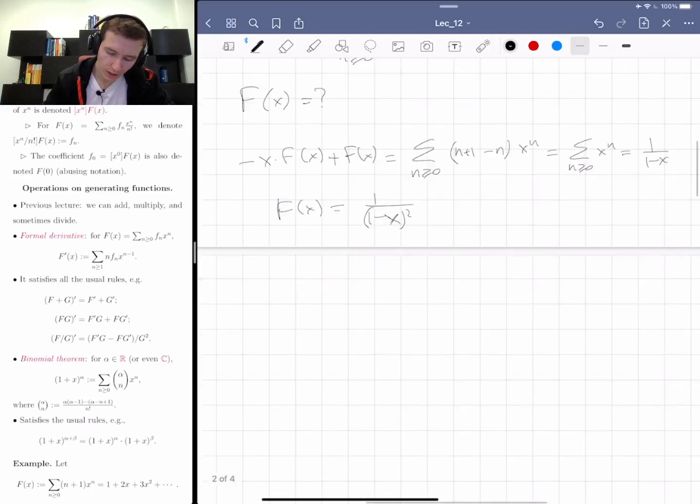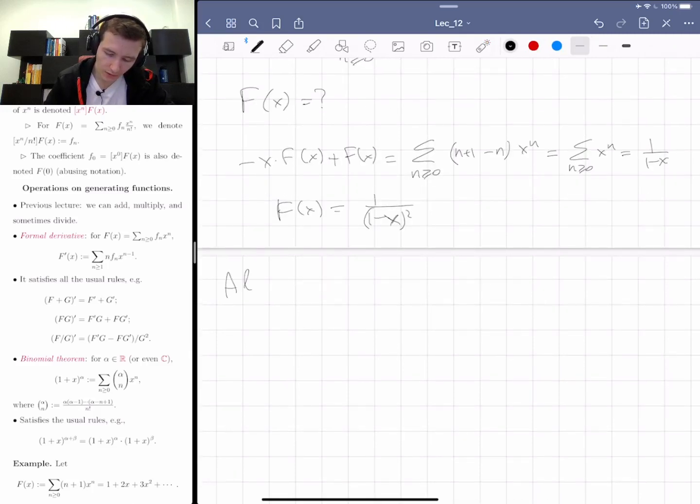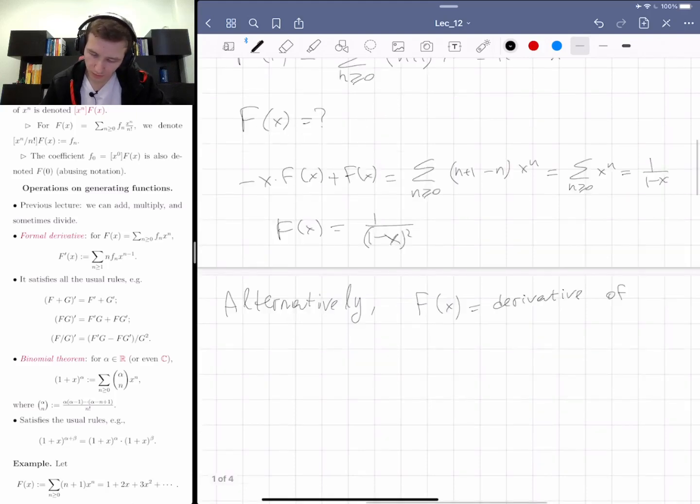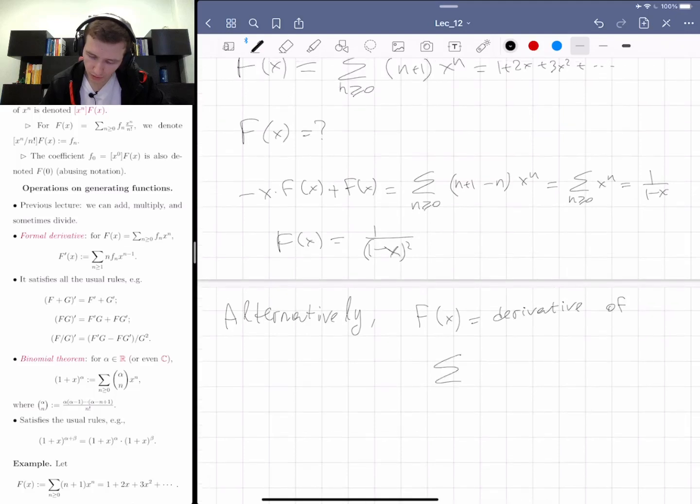And another way, alternatively, if you just look at the formula here, you see that you have n plus 1 times x to the n. So that's the derivative of the sum, n greater than or equal to 0, x to the n plus 1.